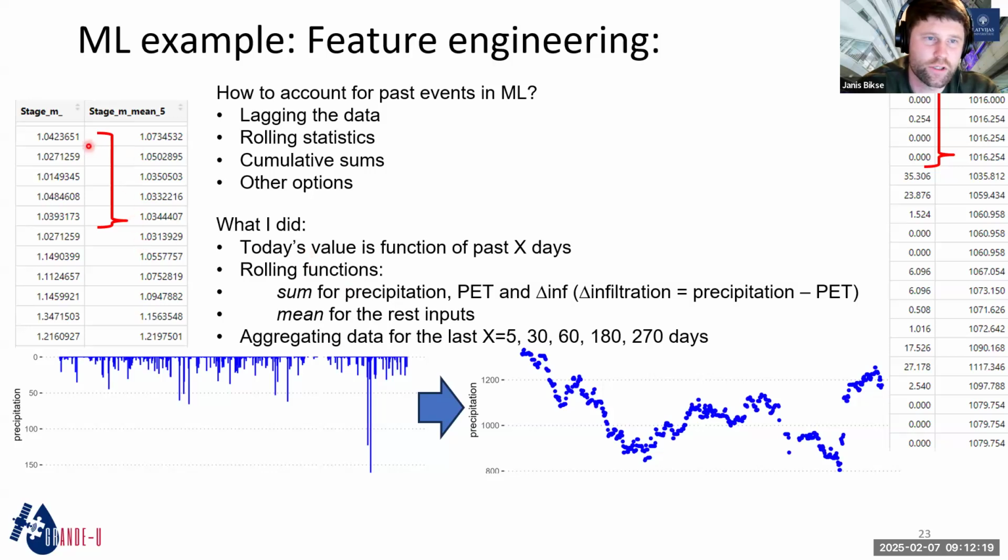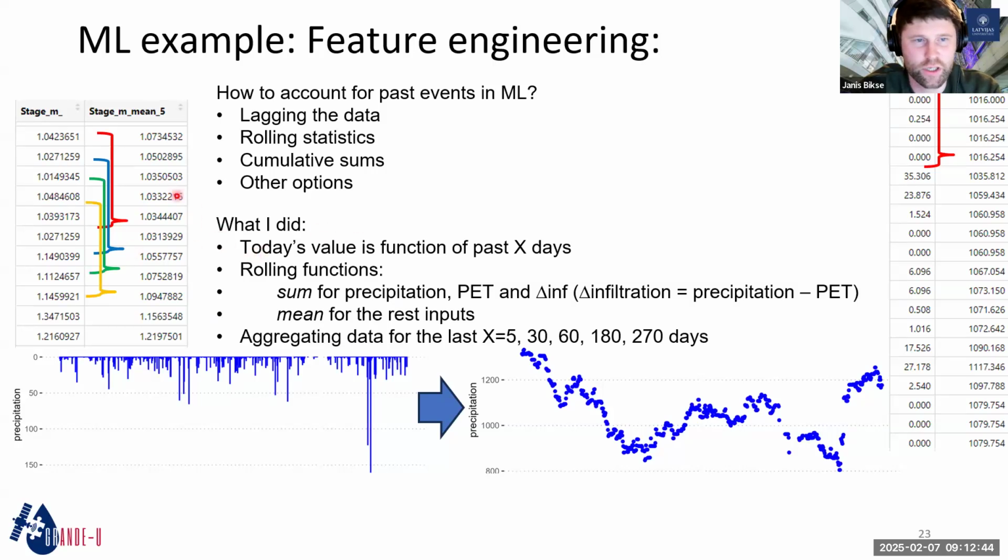For example, this is just an example. I took the five previous days of the river stage values and aggregated them to one mean value and said, okay, today the value is equal to the average value of the last 5 days. And I did it also for the next day and for the next day and so on.